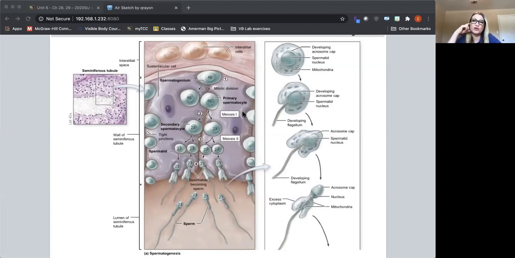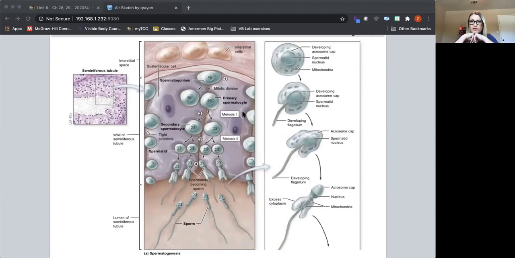So when the spermatogonium divides by mitosis, it produces two cells. One of these cells will become a primary spermatocyte. The other cell will become a new spermatogonium. Okay, again, I want you to think back to oogenesis. When the oogonium divided, we got two primary oocytes.